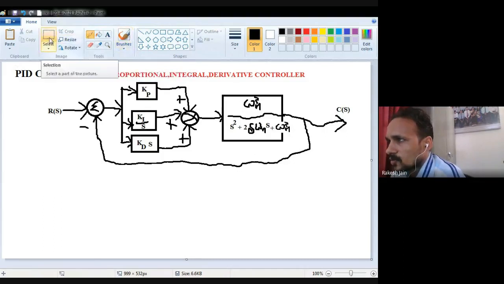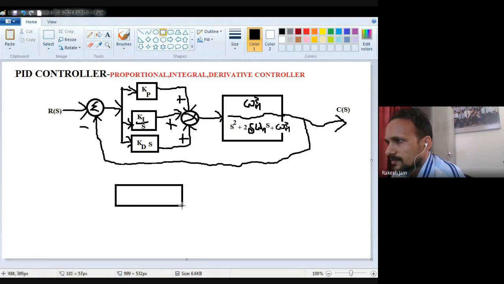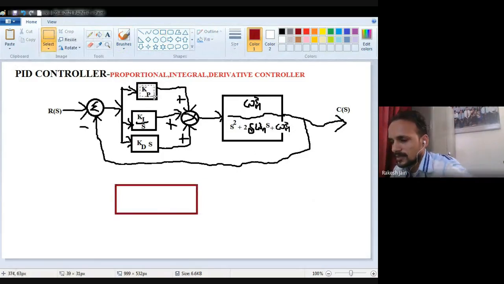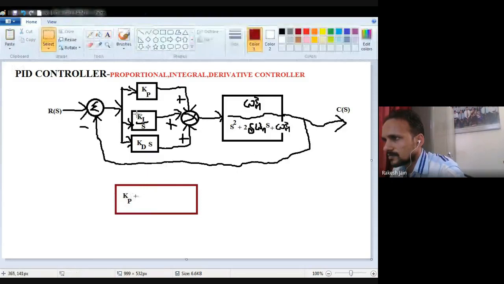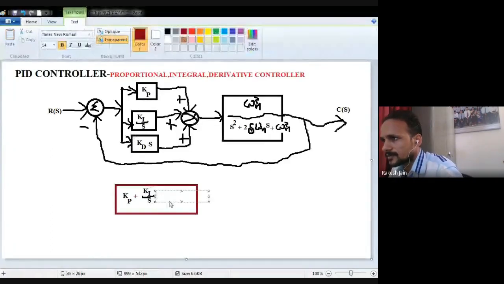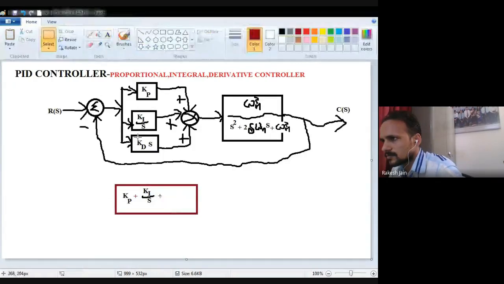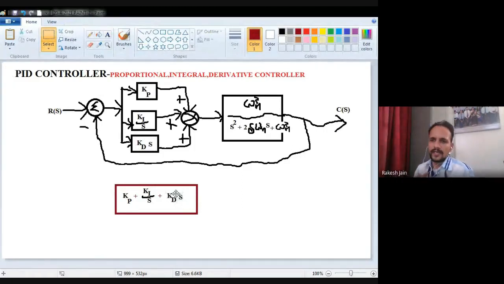So these three blocks will be removed, and only a single block will take their place, and that will be the addition of these three terms: Kp plus Ki by s plus Kd s.